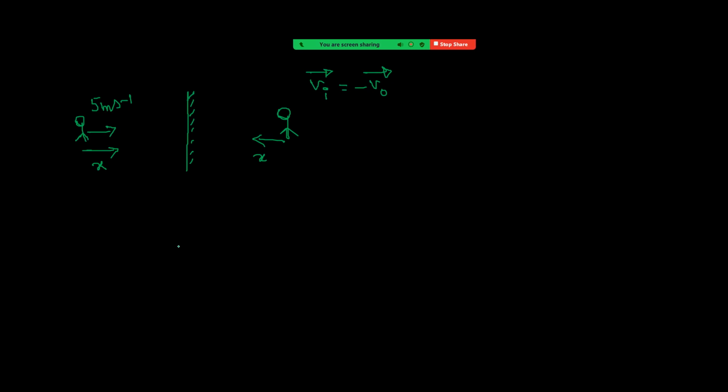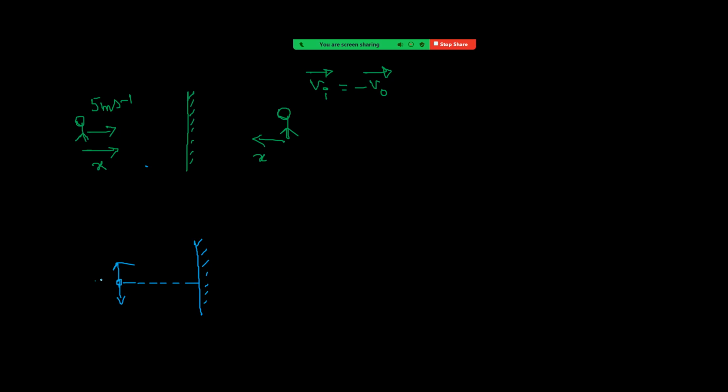Now focus here, one more important point. Suppose the object moves parallel to the mirror, either like this or like this. When the object moves parallel to the mirror, its distance from the mirror is not changing.